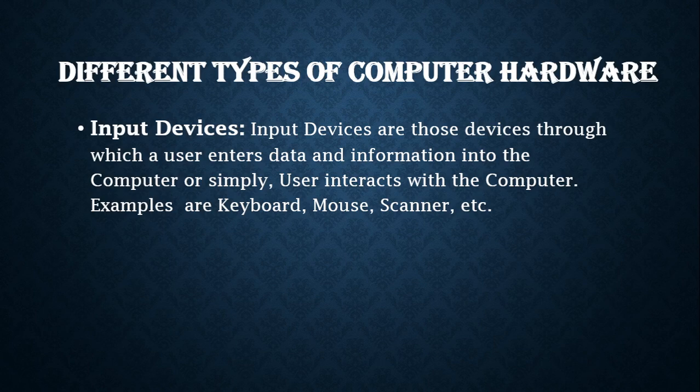So all the devices that are used to input or feed data into the computer are input devices, and it depends upon the type of information we want to feed into the computer. We use a keyboard for feeding text and numbers, and we can use the mouse for directing or positioning, and a scanner is used to convert a hard copy of a document into an electronic file.